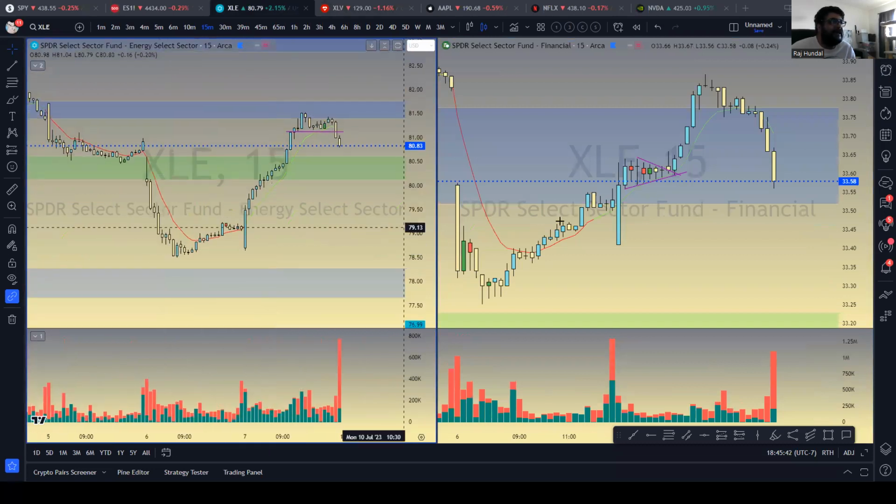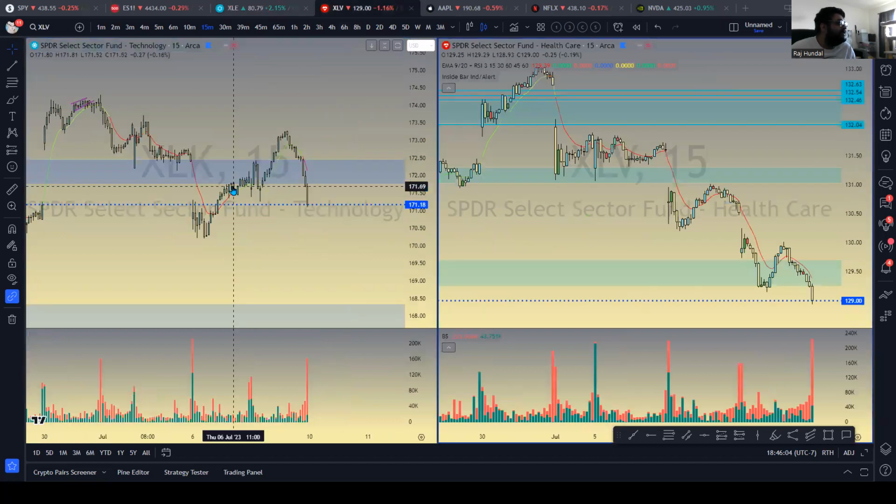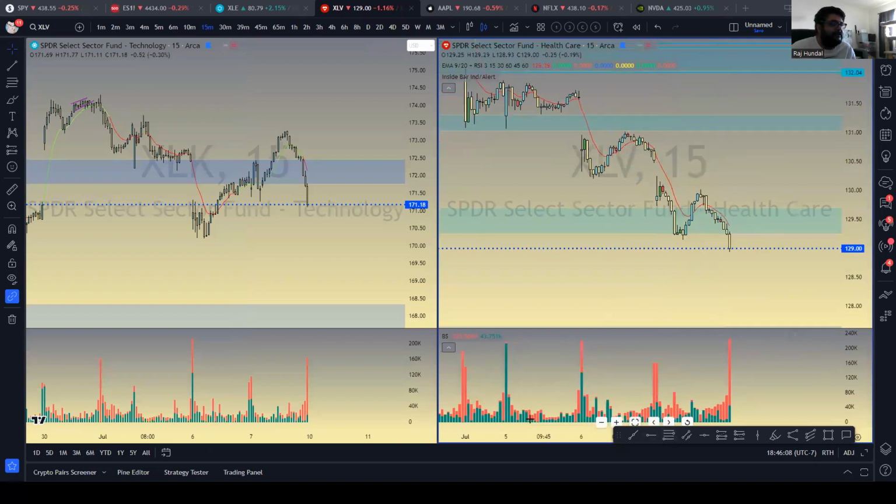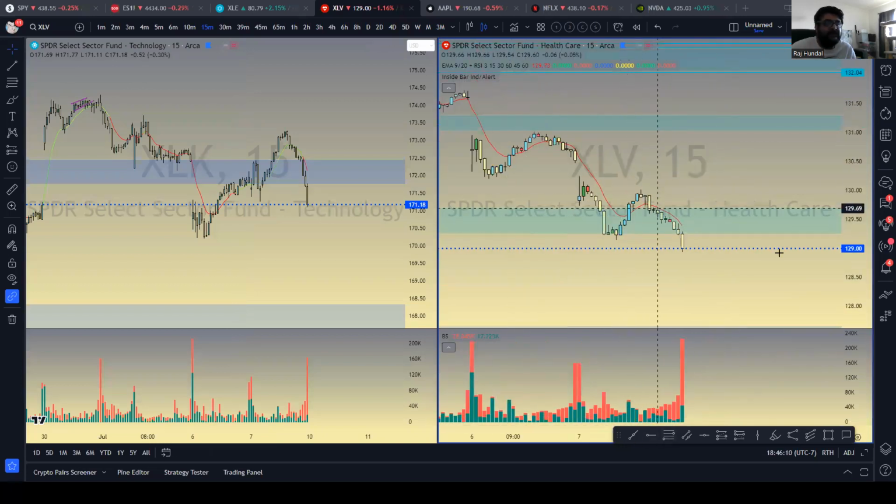So again, that day when we took calls, not only was SPY doing all that stuff, but the entire market was in an uptrend. You guys see that XLK, XLV right here, it was all in an uptrend.